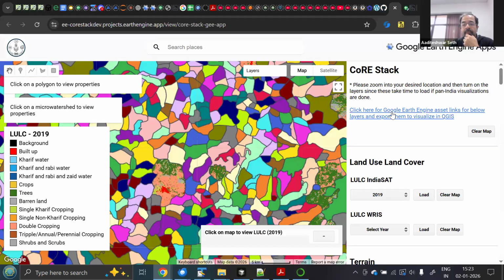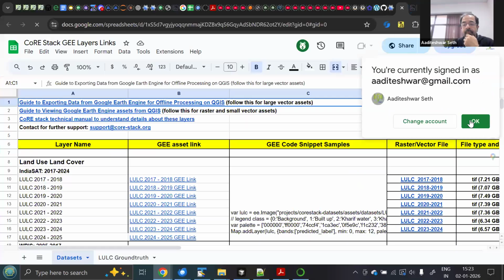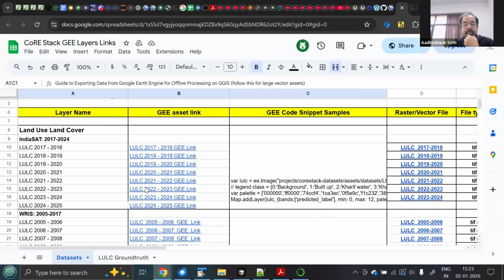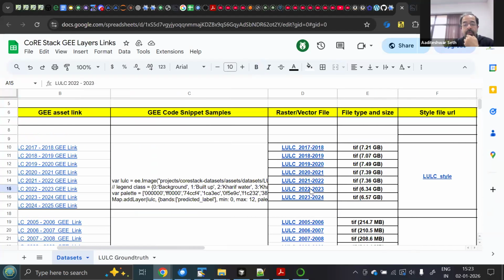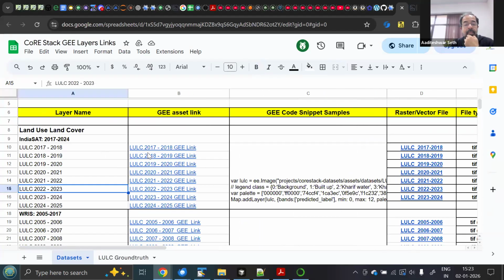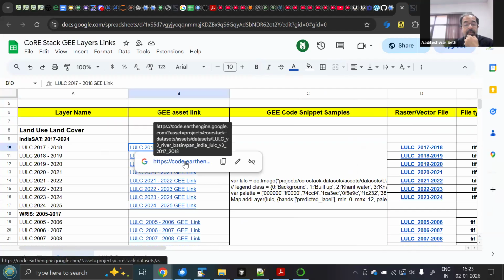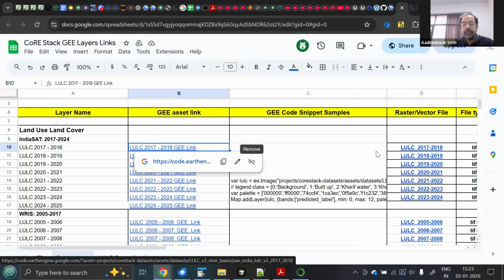That's a good question. On this Earth Engine application, we've also given links to these assets. And here, for example, for the rasters, these are published on Earth Engine. So this is the asset path on Earth Engine for the whole pan India.